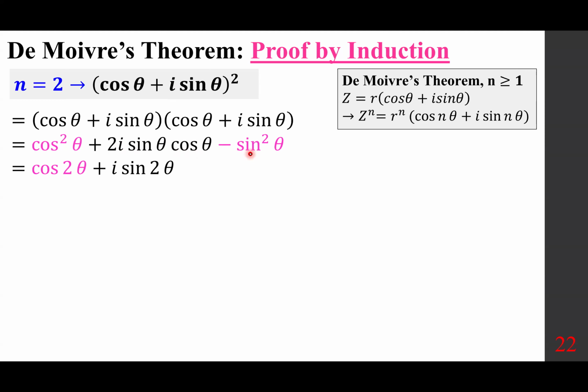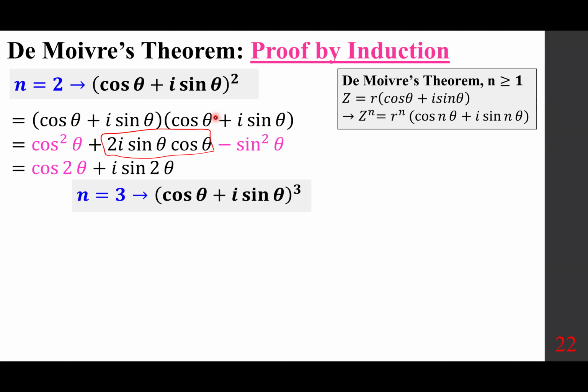And you get cosine of 2 theta is cosine squared minus sine squared, everybody. Cosine squared minus sine squared is cosine of 2 theta plus i sine of 2 theta. Because look at this one, if you ignore the i, 2 sine theta cosine theta is sine of 2 theta. So i sine 2 theta. So we proved that for n equals 2.